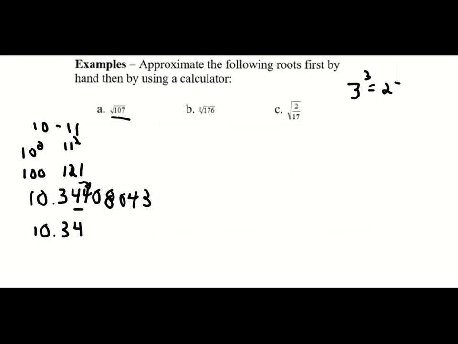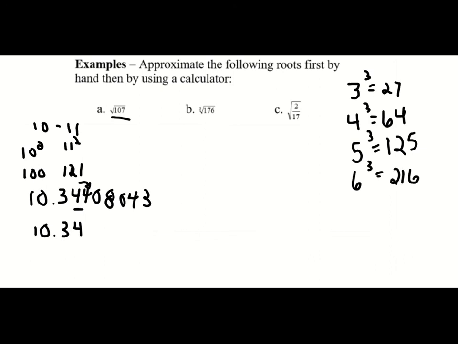Then we knew that 4 to the third power is 64. 5 to the third power is 125. And 6 to the third power was 216.